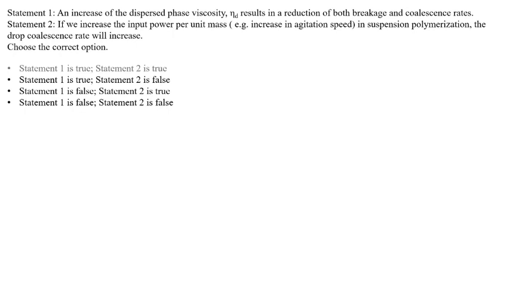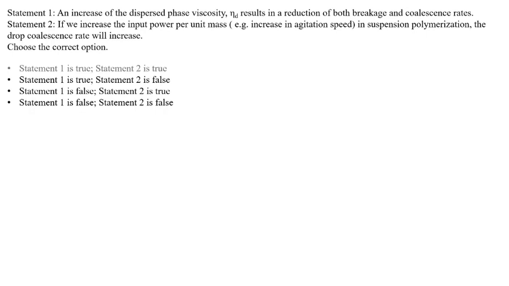Statement two is: if we increase the input power per unit mass, for example, increasing the agitation speed in suspension polymerization, the drop coalescence rate will increase. If you are increasing the impeller speed or the agitation speed in suspension polymerization, you are externally providing enough force for the droplets to combine or coalesce together.